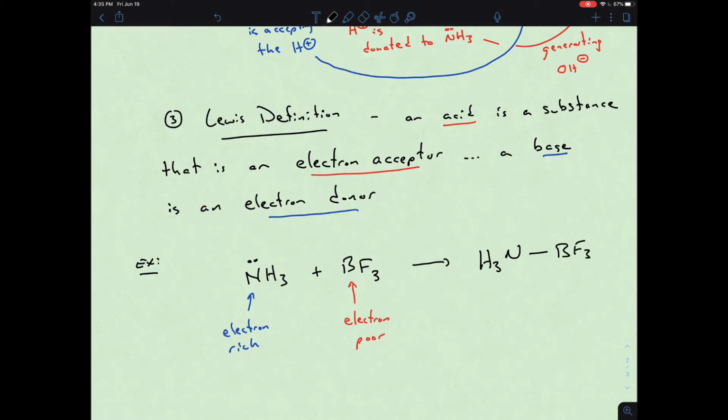And you make a bond between the nitrogen and the boron. The boron becomes negatively charged and the nitrogen becomes positively charged. And so what's happening here is the nitrogen and its lone pair are donating electron density to make a bond.